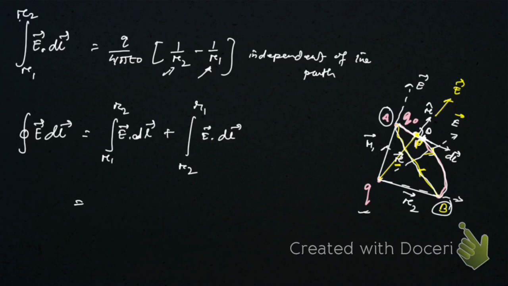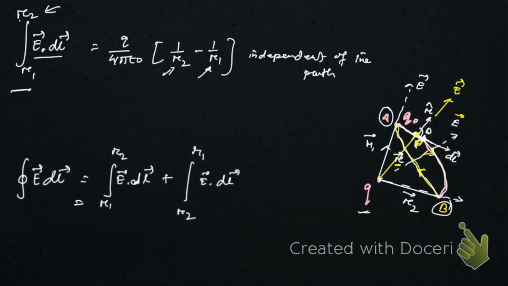Okay, so now here you see, if from r1 to r2 the line integral of this E dot dl is this one, then what will be the expression for the line integral from r2 to r1 of E dot dl?